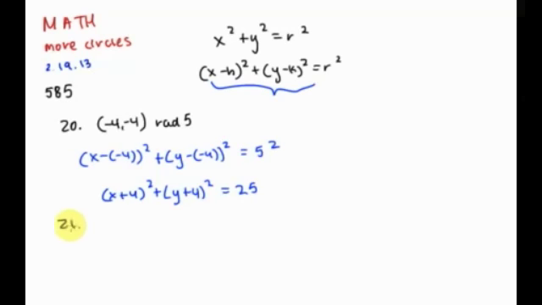For number 21, do we even have to do 21? Yes, we do. I see the center is at -1, 0, radius of 1. Okay, x plus 1 squared plus y minus 0 squared equals 1 squared.